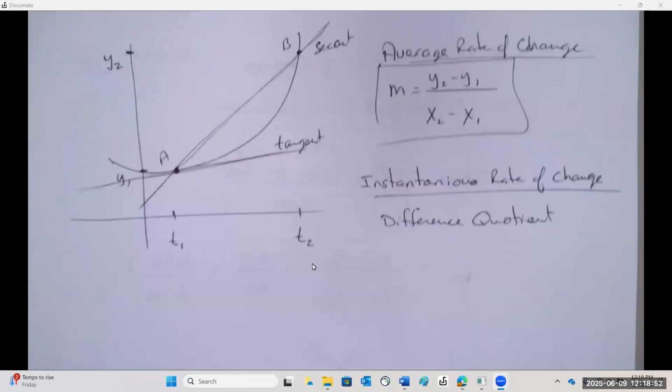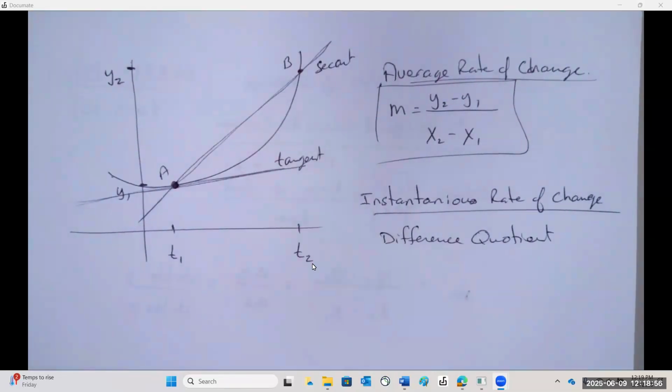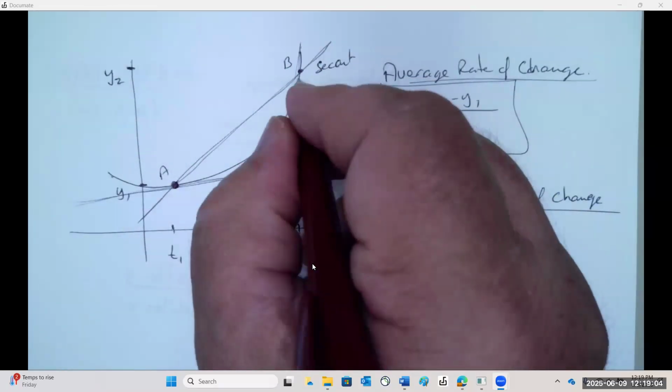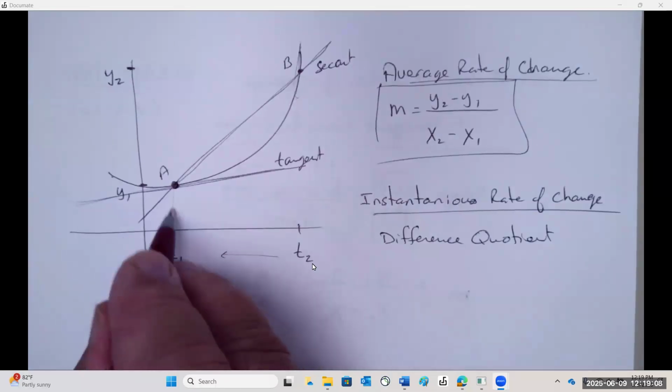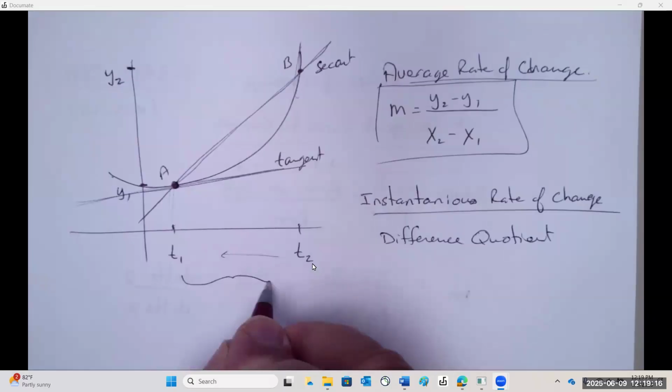We want to know what is the slope of that point there. What that means is we have to move this point from there, we have to move it to here. Because we can only have 1 point. The graph is only being crossed at 1 point. So this distance we call h.